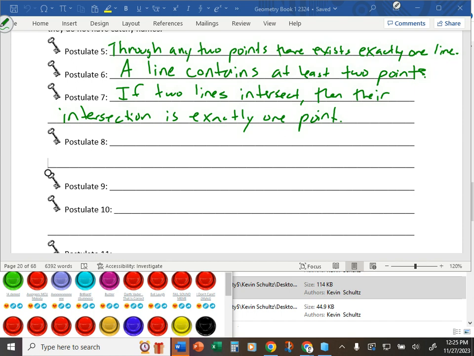Basically saying that lines and rays and segments, all those things, can't intersect twice. If lines intersect, it happens at 1 point and 1 point only. And the point of intersection is simply that, a point of intersection.